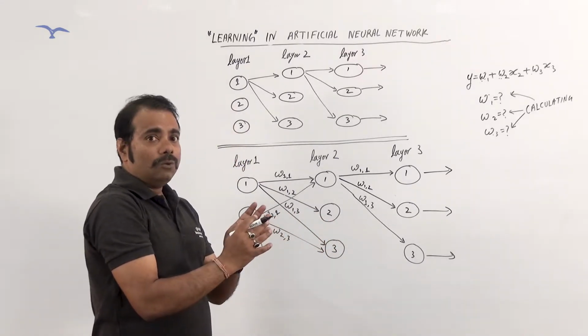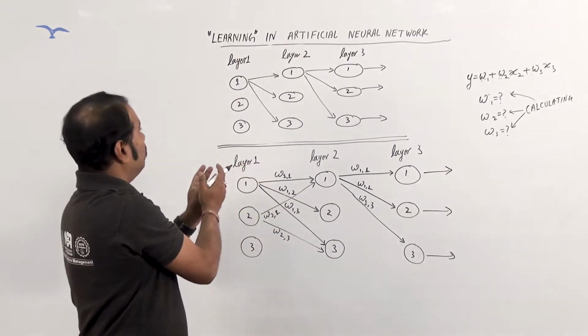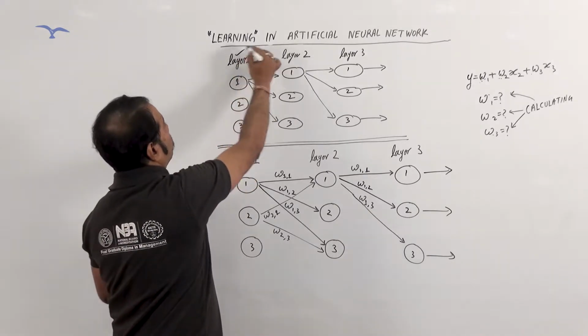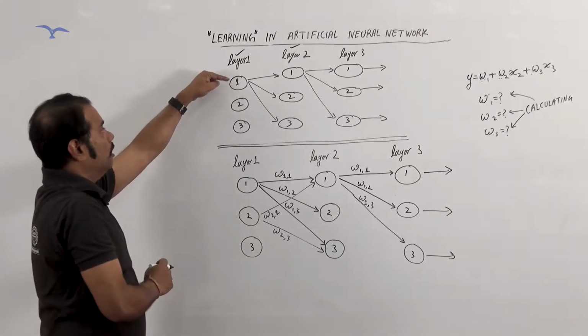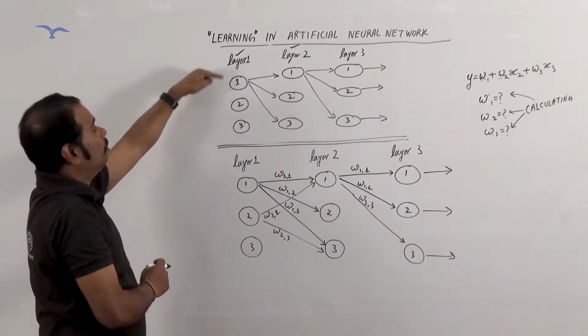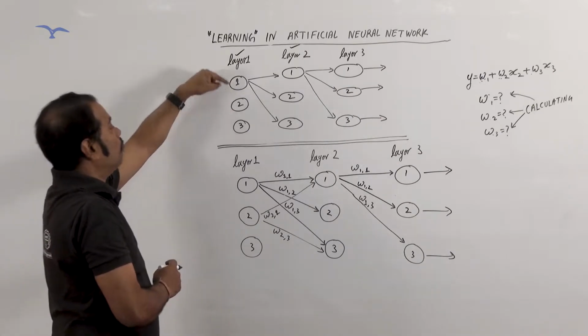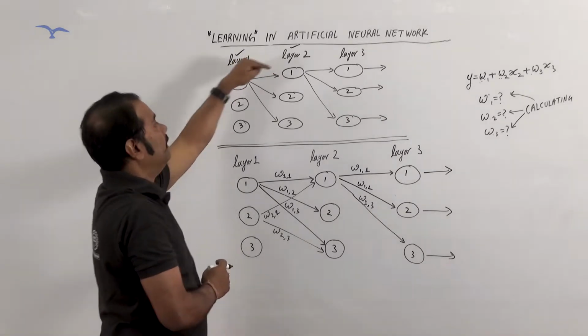But then what is the learning thing in case of artificial neural network? Artificial neural network looks like this. There are layers of neurons, and one layer contains n number of neurons. In this particular picture, each layer contains 3 neurons, and one neuron feeds its output to other neurons in the next layer.